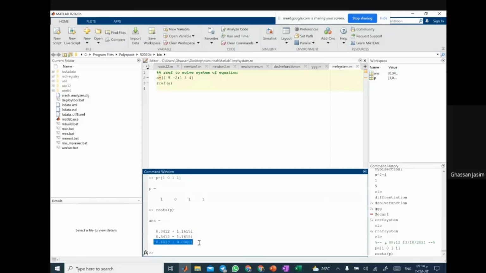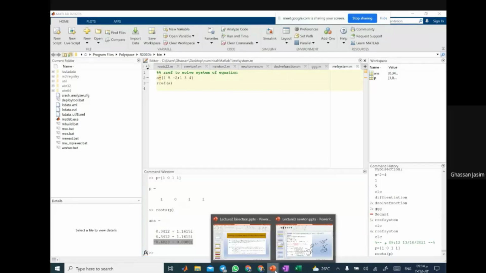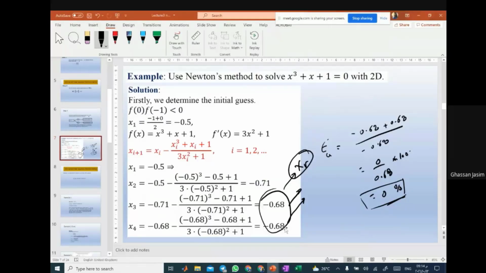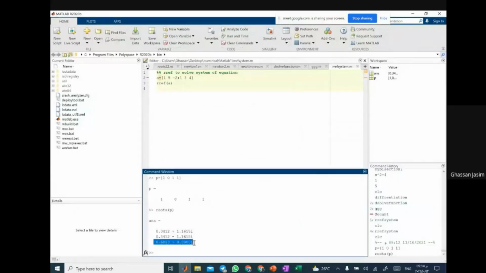Let's look at this. It is minus 0.68. Where is the solution? Minus 0.68 plus 0i. It gave us a complex number, and this is 0. That means just this, and the others are 2 more roots.